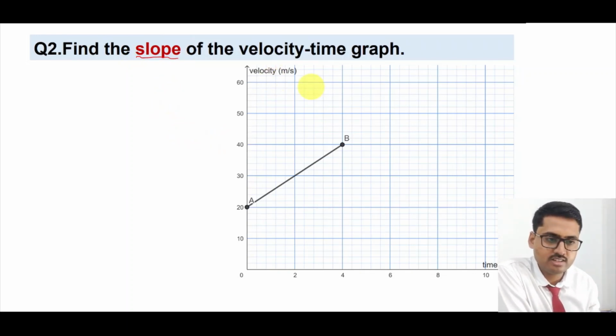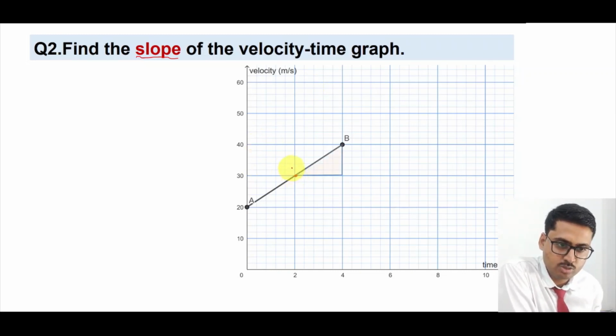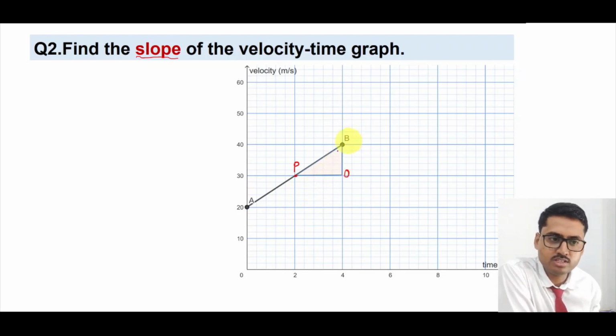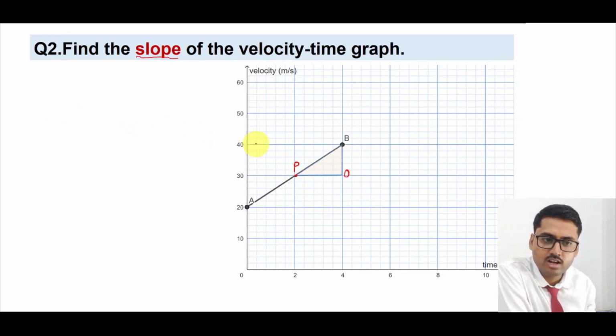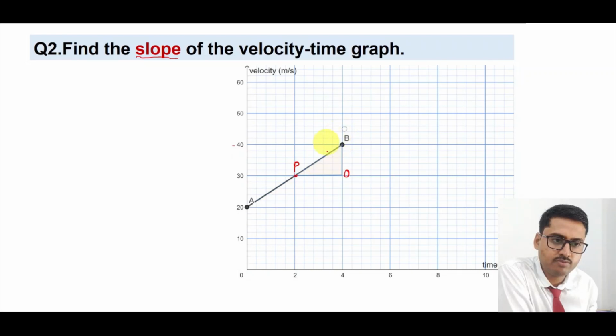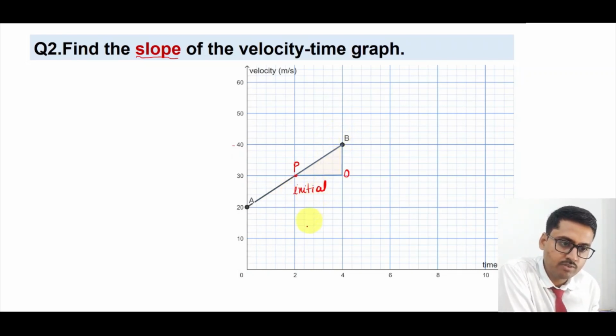Let's take 2 points on this graph, and I'll again choose this point. Let me call this P, this is B, and let this be O. If I have to find the slope of this part of the graph, I will call this V2, because this is my initial point and this is my final point. This must be clear to everyone, because the graph is going from 2 to 4. So this is your initial point and B is your final point.